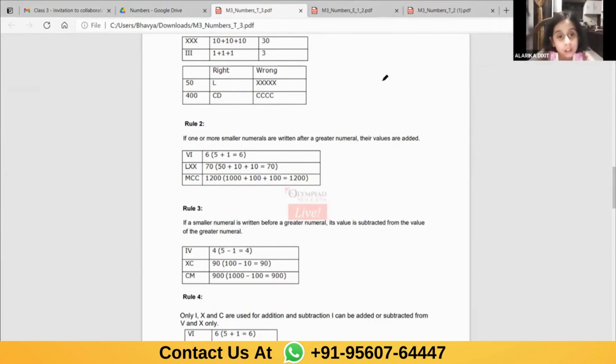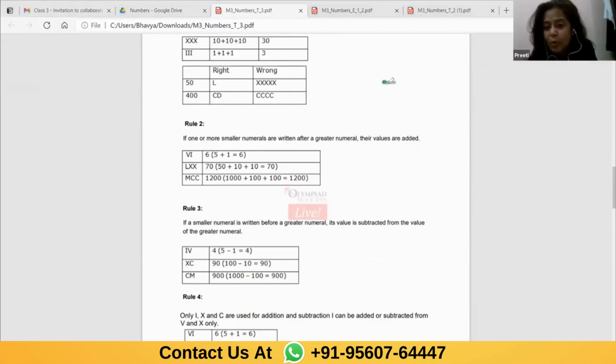So if I write I on the right hand side of V, that means addition. Whenever we write a numeral of smaller value on the right hand side of a numeral of bigger value, that means addition.